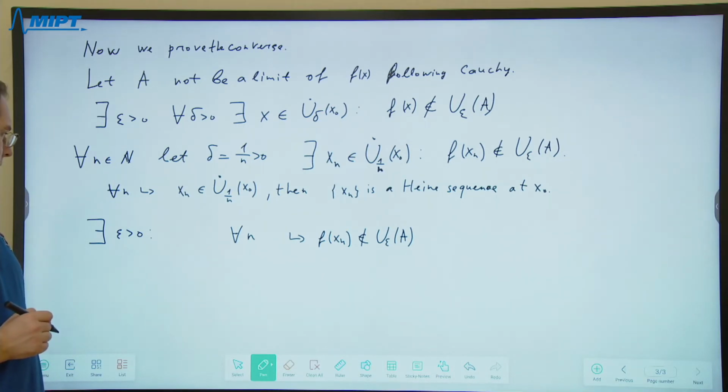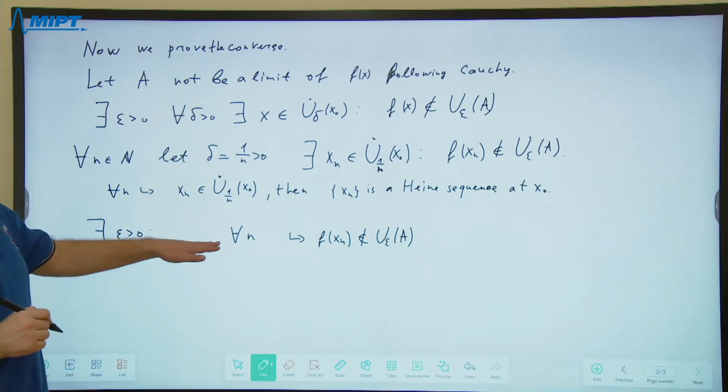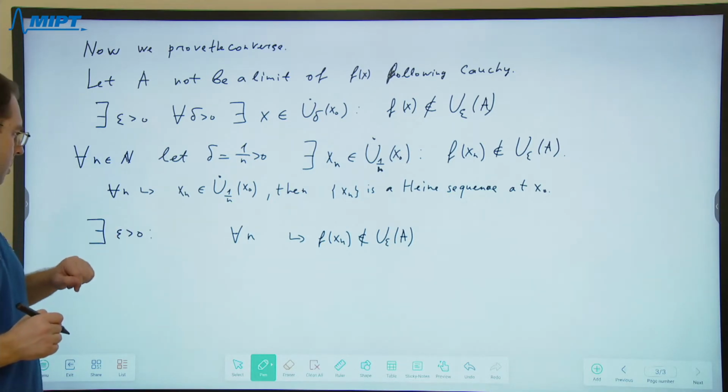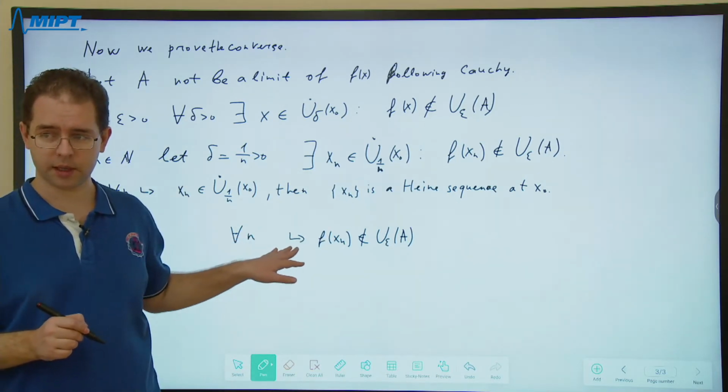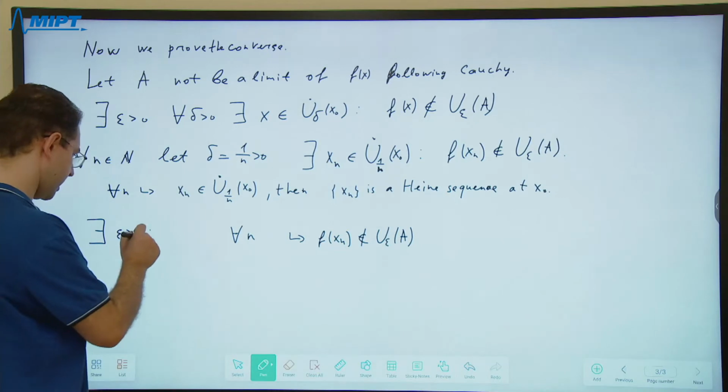Very well. Now, this is already a good enough statement, but I will modify it a bit to make it look the way I want. This is true for any natural n, but I will write it like that.